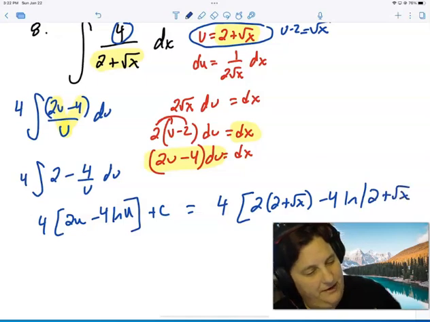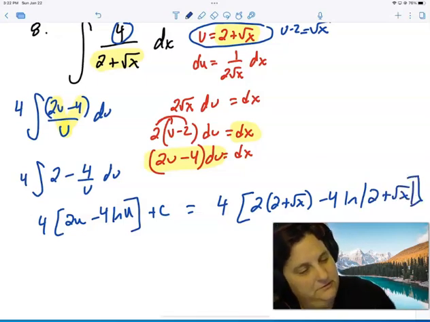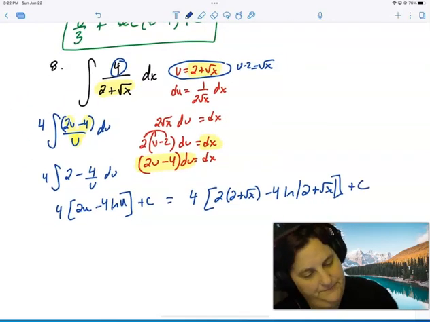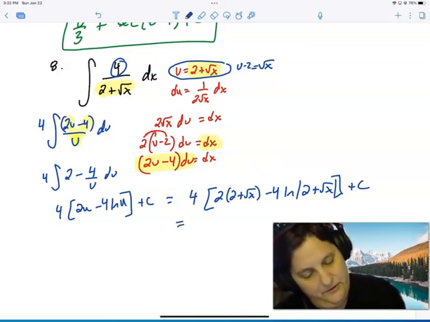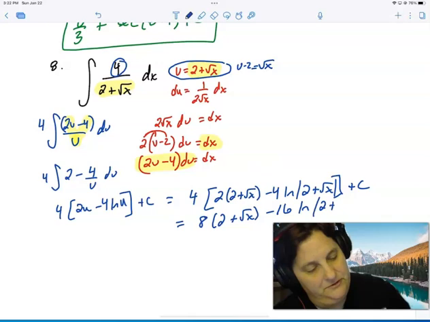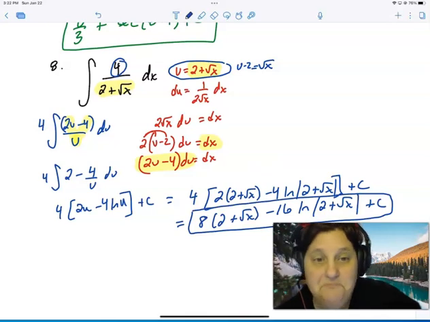Okay, plus c. I could distribute the 4 if I wanted to. So that's going to be 8 times 2 plus square root x, minus 16 ln of 2 plus square root of x, plus C. That's kind of fun. All right, very cool.